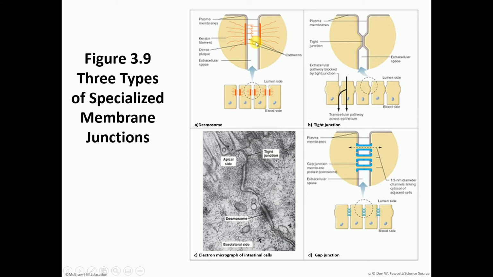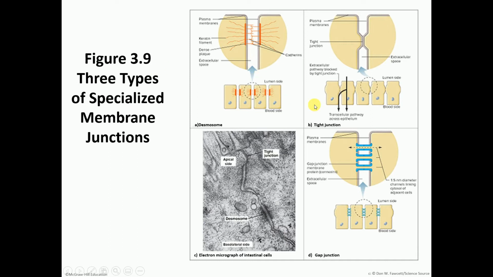These cadherins interact with each other just like Velcro would interact together. Anchoring it to the inside of each cell are other little tiny spider webs made out of keratin filaments. Now, having that kind of junction, you'll find those in areas where you need a lot of flexibility. So, for example, skin. Okay, so the skin cells have lots of desmosomes.